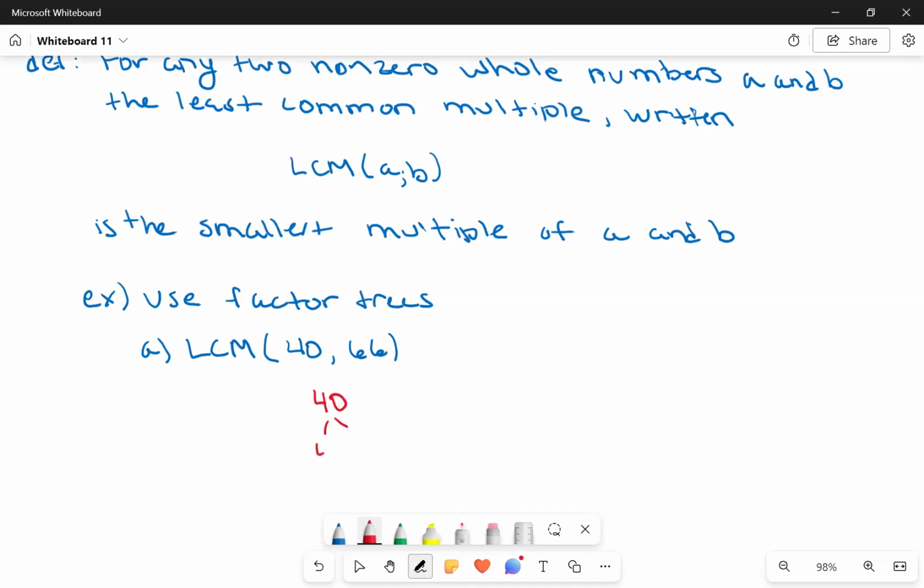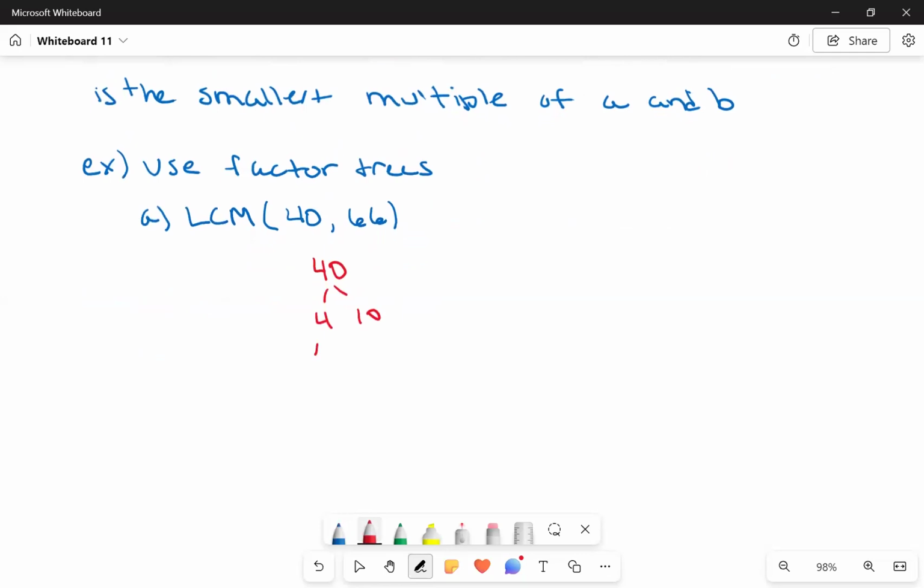So I'm going to do 4 times 10. 4 is 2 times 2. 10 is 2 times 5. 66 is 6 times 11. 11's done. That's a prime. So 6 is 2 times 3. Okay, so I'm going to start by writing the factors for 40, but I have to be careful.